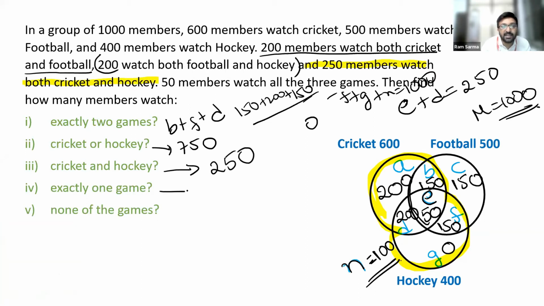Now, exactly one game. A plus C plus G. The sum of these three things gives you exactly one game.